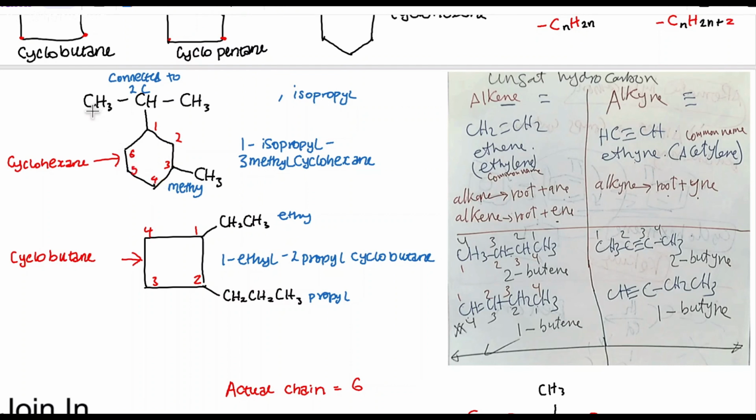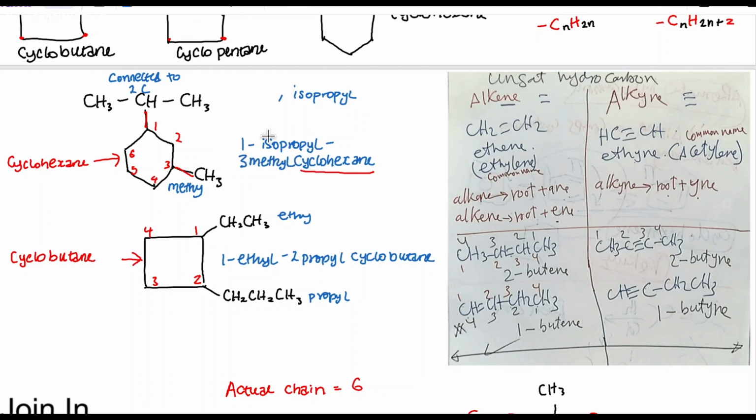Starting here, this is the longest carbon chain, 8. But if it's a cyclo, we have to remember that the cyclo is on its own. So we look at the cyclo, which is cyclohexane this time, so 6. We can't include the outside. These are just substituents since they're connected to this ring, and they don't count in the longest carbon chain. So that's why the base is cyclohexane.